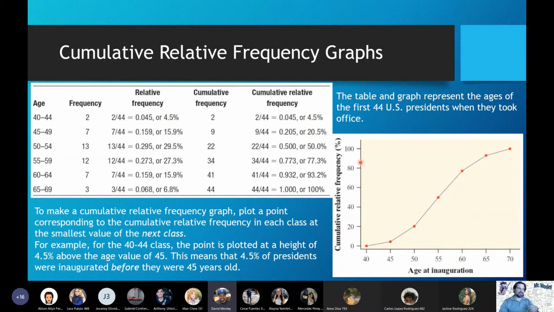So we can start identifying percentiles for specific values using our graph, an estimate. And this is essentially what happens when you're placed on percentile charts. They're using the chart as a guide, and they put your data point in there, and they see where it falls on the chart.